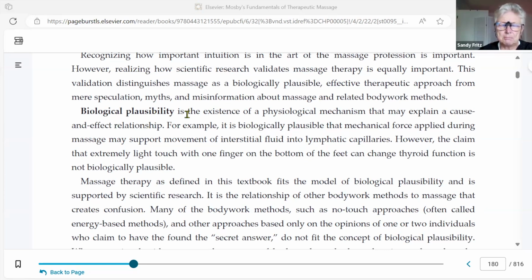To appreciate biologically plausible mechanisms, you have to understand how the body functions normally. How would it normally move interstitial fluid into the lymphatic capillaries? How does that happen normally? And then, can massage application be adapted to mimic normal?